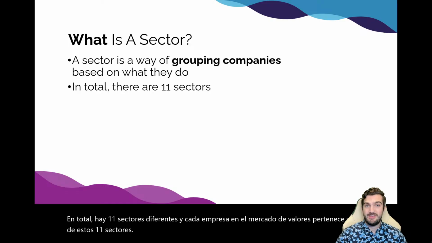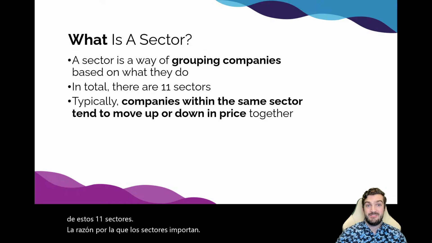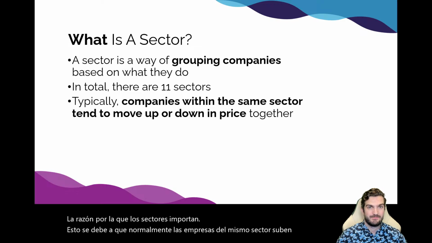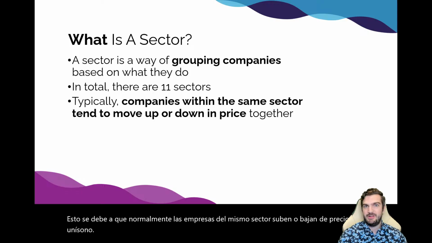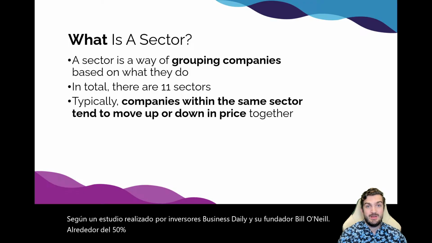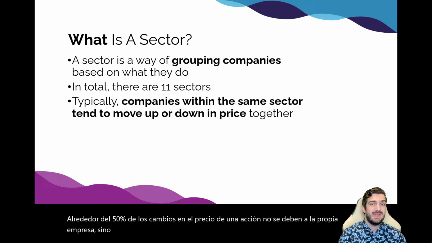The reason that sectors matter is because typically, companies within the same sector will move up or down in price together. According to a study done by Investors Business Daily and their founder, Bill O'Neill, around 50% of a stock's price changes is not due to the company itself, but instead is due to the sector or industry that company belongs to.